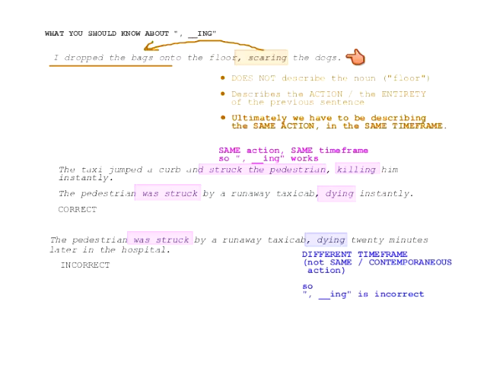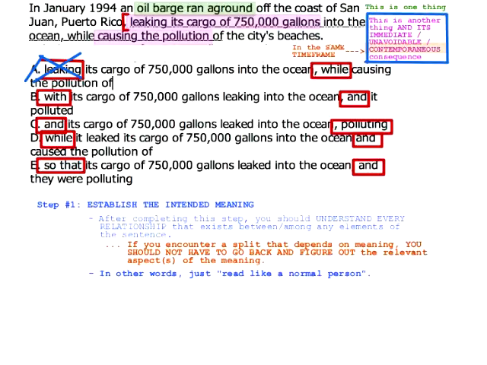Or it scared the dogs, and you have to use words like it in ways that you're not allowed to. It's informal language. So comma ing rectifies that lack of a construction for this type of thing in spoken language. That's why it's okay to have comma polluting here, because these are the same act, same time frame. That's legit. Those are inseparable from each other. So comma ing works there.